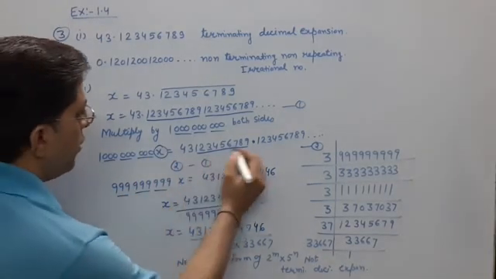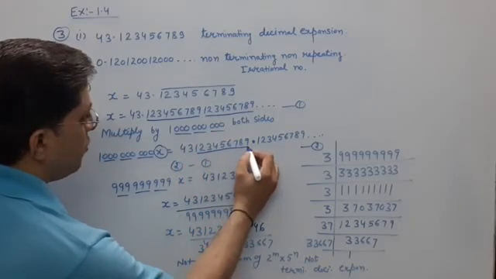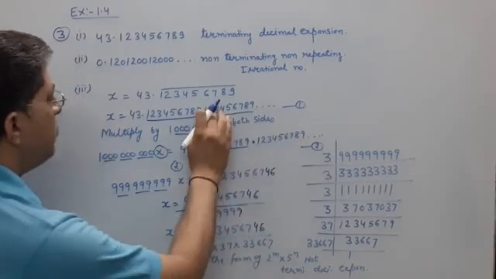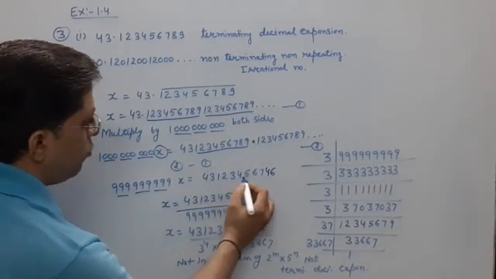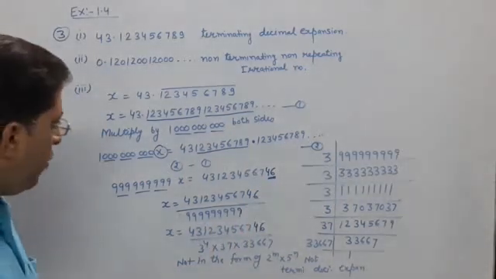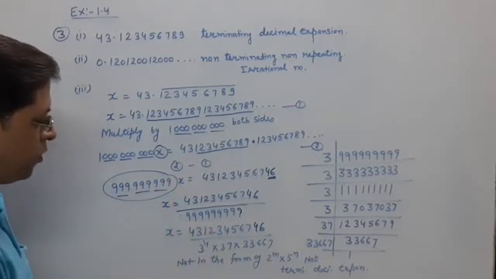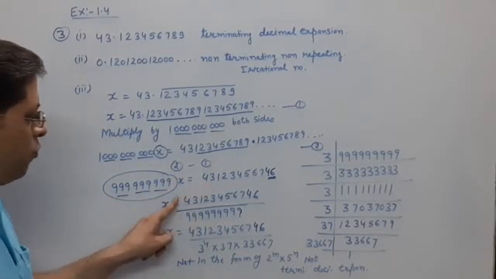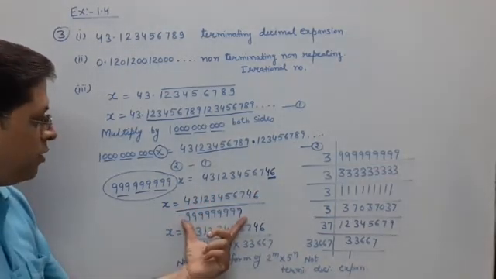And here is 43123456789.123456789, this minus the first equation. Then what will you get? 43123456746. Then you have to divide by this number; the numerator will be the same, 43123456746 divided by 999999999.